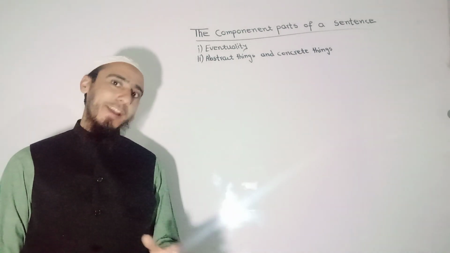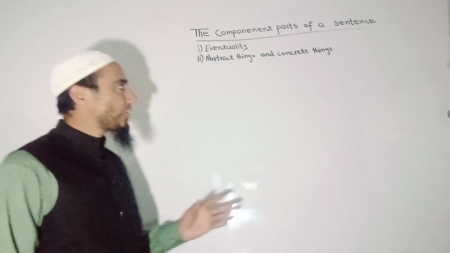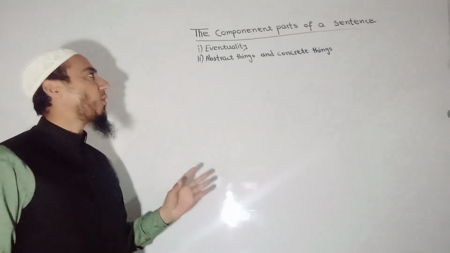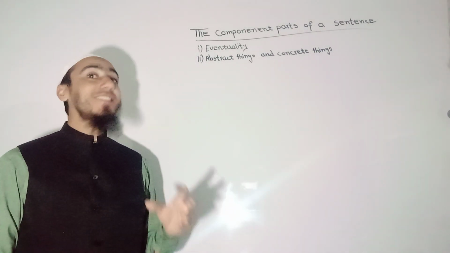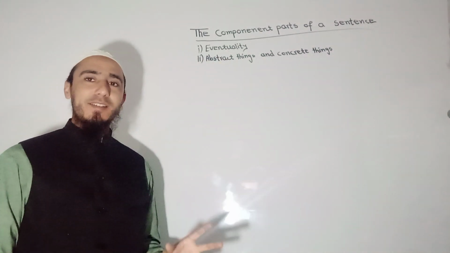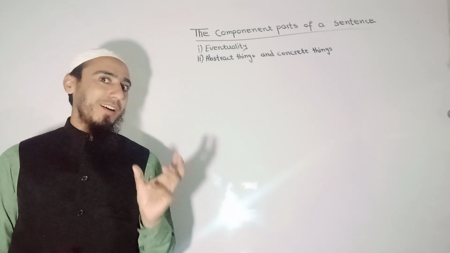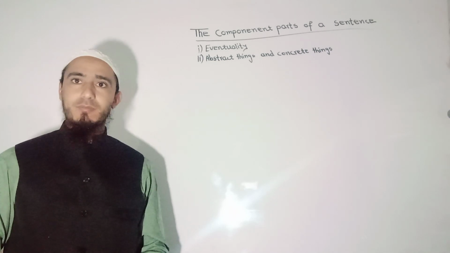However, it can occur sometimes. So, listeners and audience, let's come to further detail about the topic, eventuality. When we are talking about syntactically the component parts of the sentence, a sentence represents eventuality.